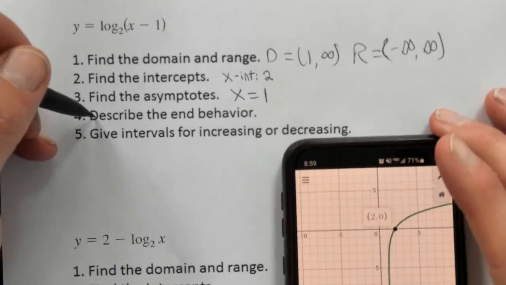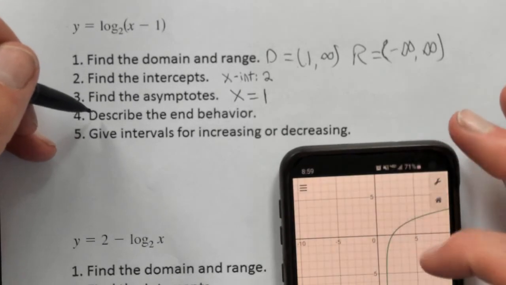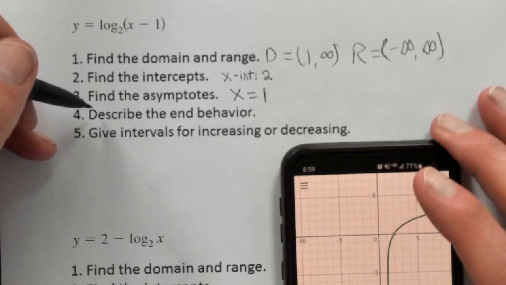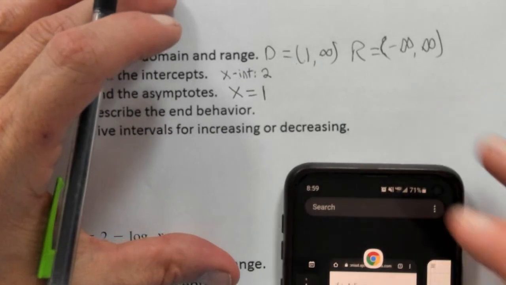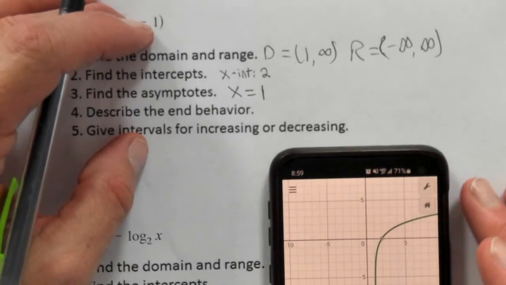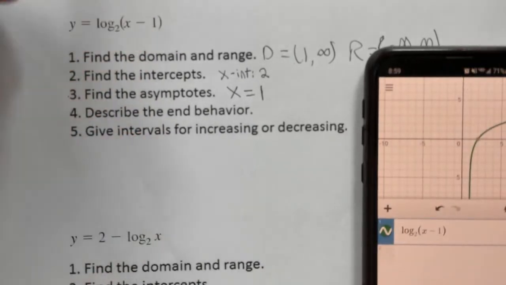All right, now we want to describe the end behavior. So we want to describe the behavior now on each end. Okay, and so we'll use our limit notation in order to do that. And so we want to start with the left-hand side.